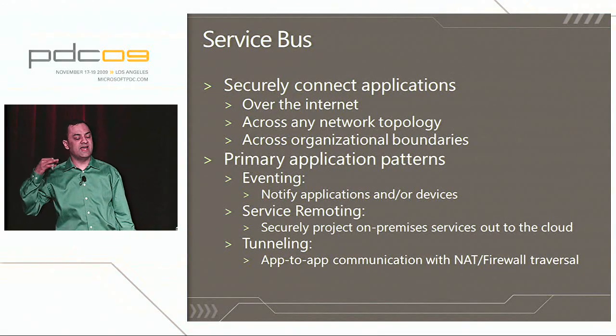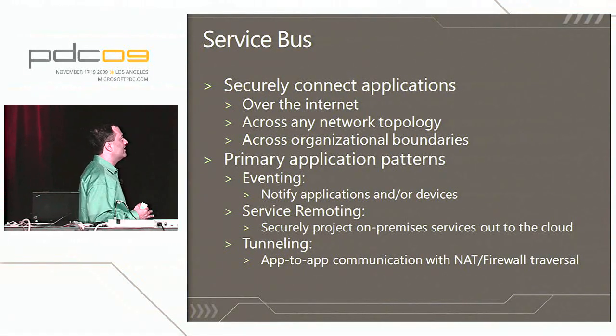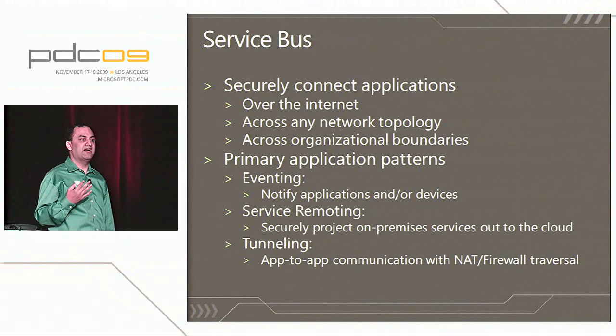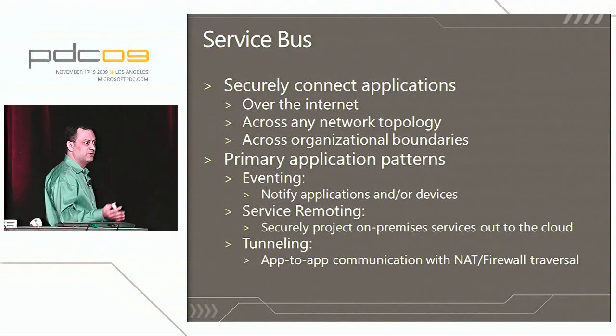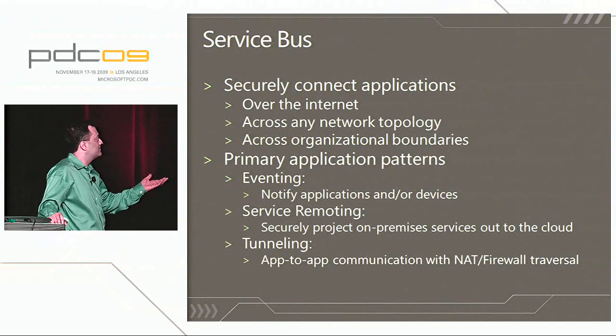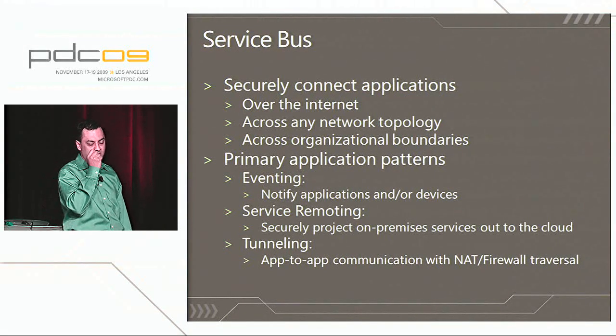If you think in that model, the patterns for using this fall out immediately. The first pattern is eventing, so that you can tell devices about certain things that are going on, and we saw an example with the printing of the tickets for Ticket Direct. The other example is secure remoting, where you take an on-premise application and connect it to something in the cloud.